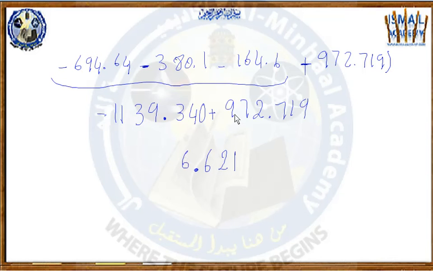Oh, that's a 7, sorry. It's going to be 6, and I will have 7 here. Is that clear?